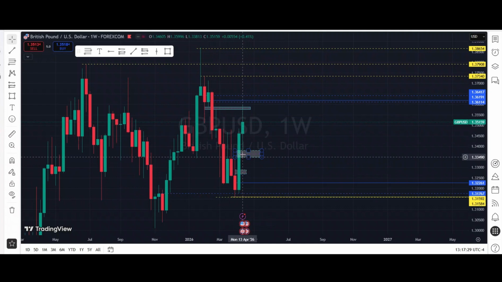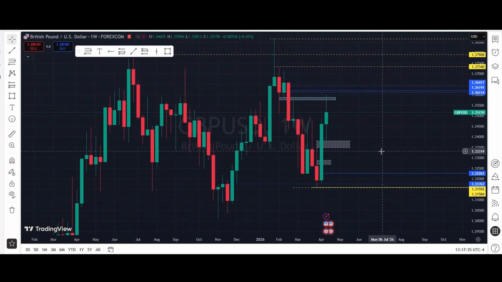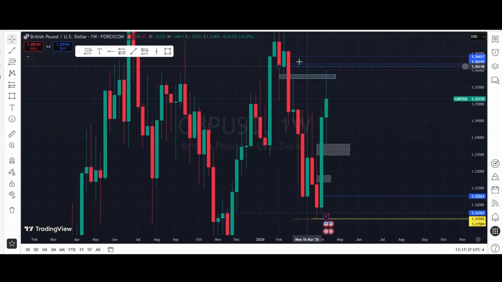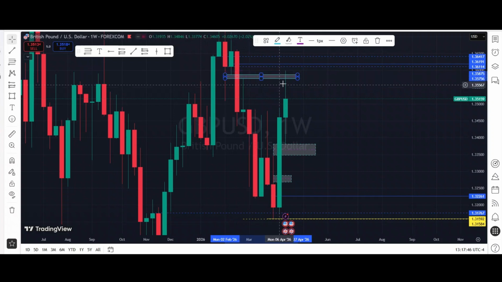Within the dealing range, where is price at the moment? We can clearly see that price is in the premium zone of the dealing range, respecting this fair value gap as the market closed for the week in the weekly fair value gap, price respecting that zone.